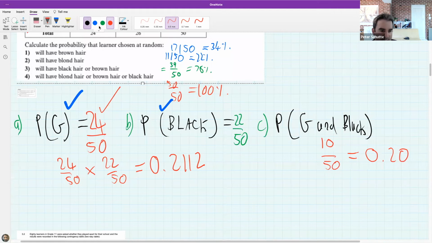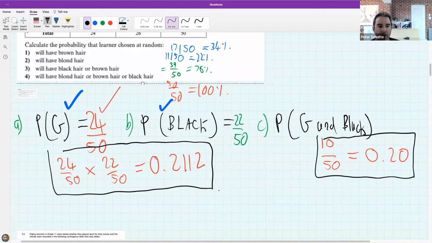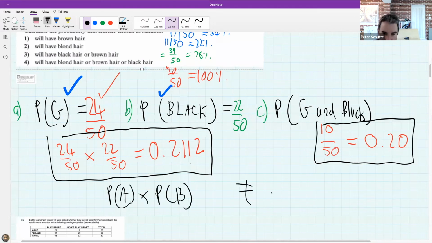Okay, so what does that mean? In this case, the events are not independent, because in order for events to be independent, the probability of A times the probability of B must equal the probability of A and B, and here it doesn't.